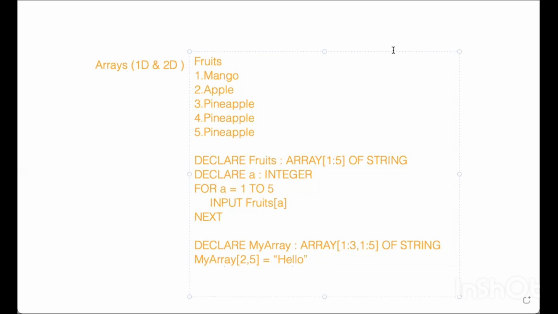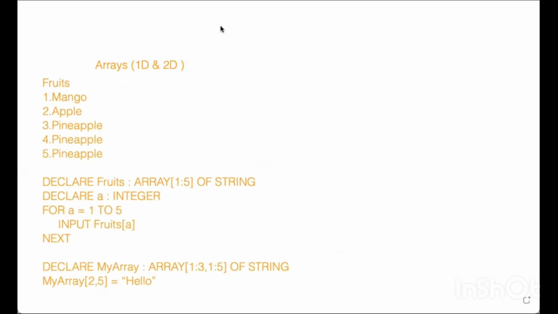Right. So if you want me to draw a map of this, for example, so we have 3 rows here and 5 columns per row.